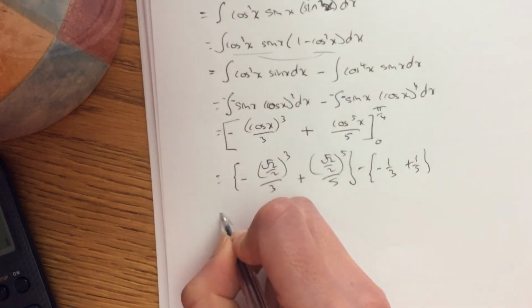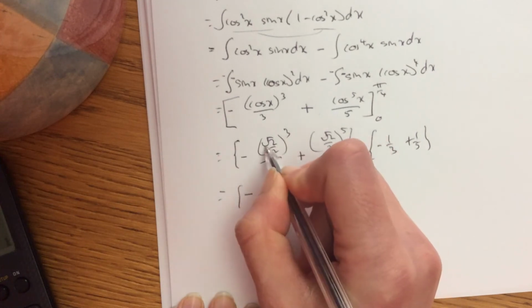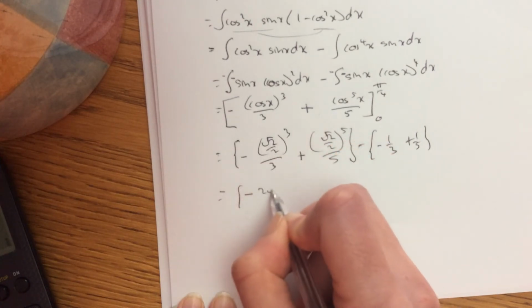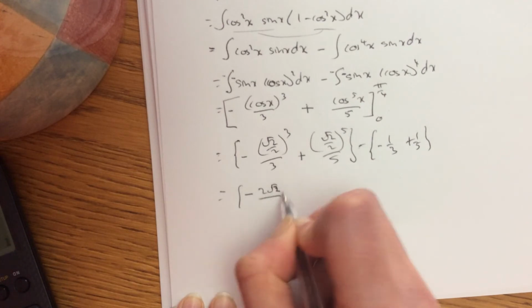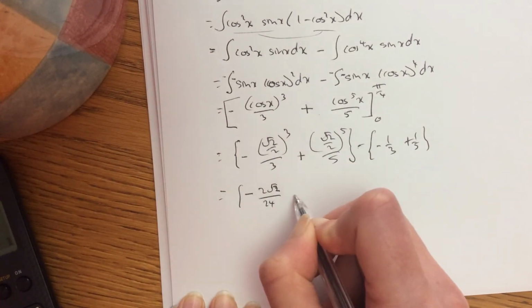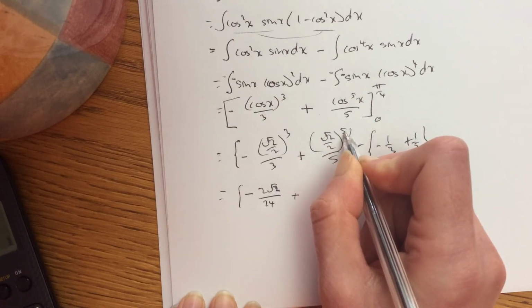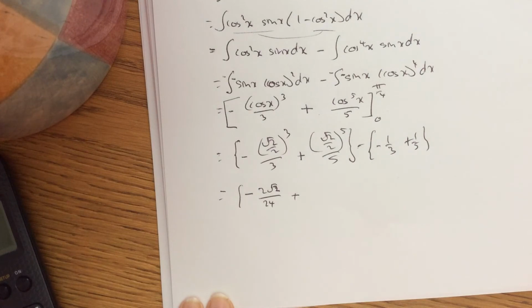So let's see now what we have here, just tidying this up. It's minus root 2 over 2 cubed is 2 root 2 over 8, times 3 is 24 in the bottom. Plus root 2 to the power of 5 is 4, I'll just double check that. It's 4 root 2, I think.